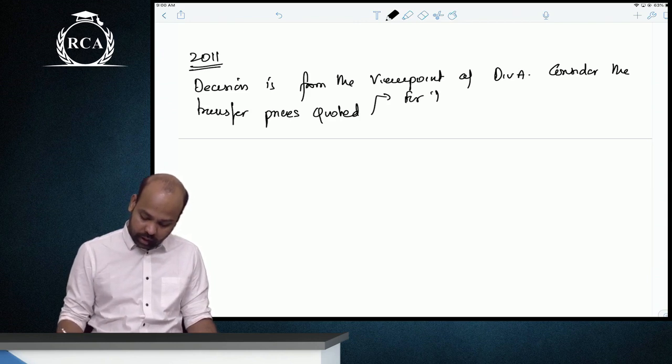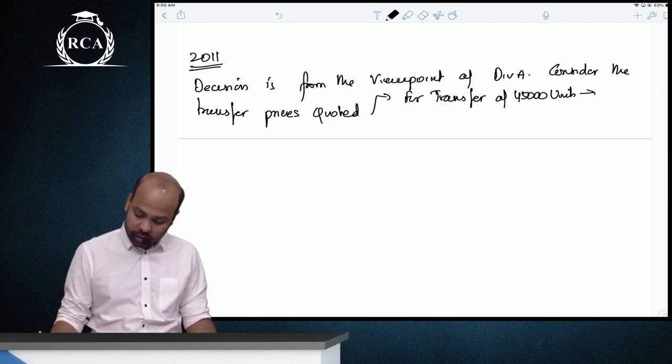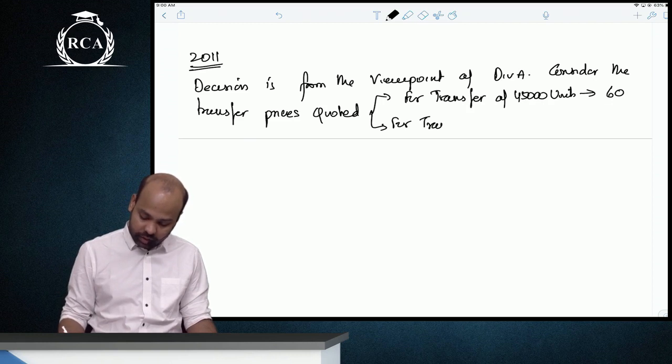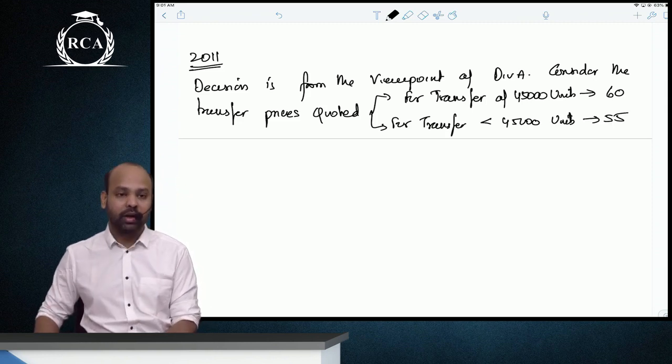For transfer of 45,000 units, you will consider a transfer price of 60 rupees. For transfer of less than 45,000 units, we would consider 55 rupees.